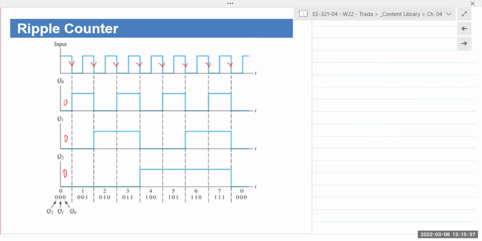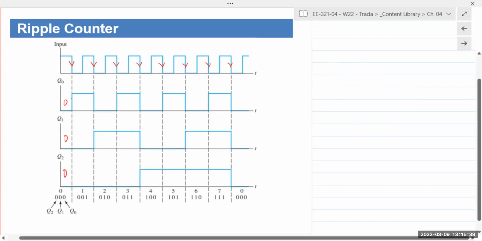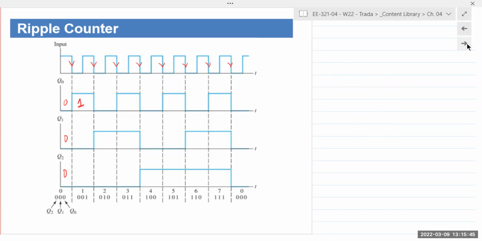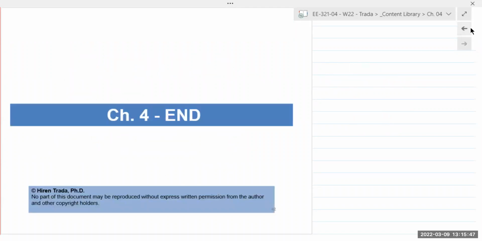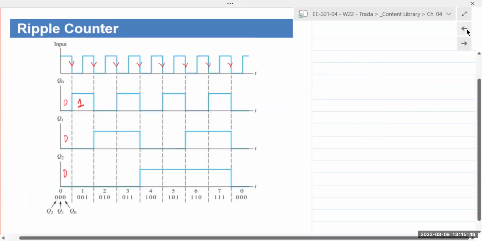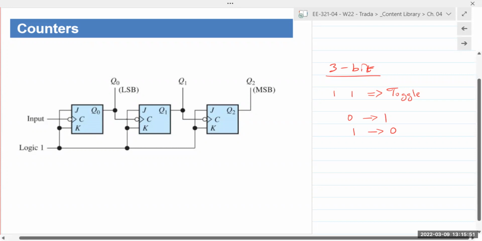When the first negative going pulse arrives, Q0 toggles and goes to 1. Output of Q0 is connected to the clock of the next one. Output Q1 is connected to the clock of Q2, and so on and so forth.